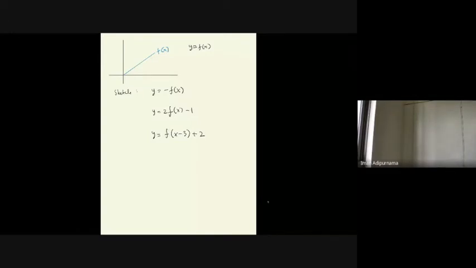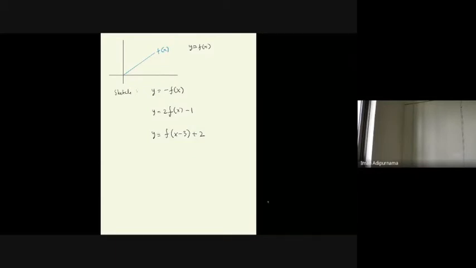So the first one is negative f(x). Number 2, 2f(x) minus 1. Number 3, f(x minus 3) plus 2. It's better if you can imagine the function in your head and then shift it.